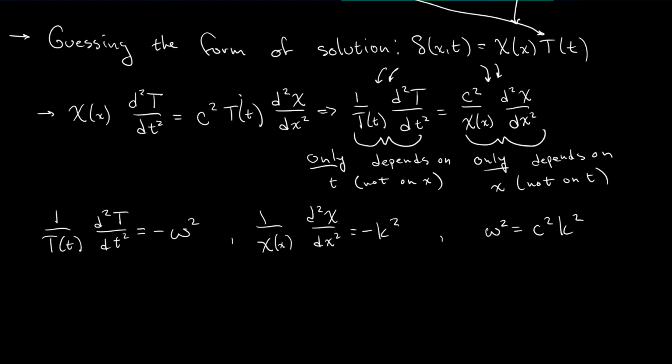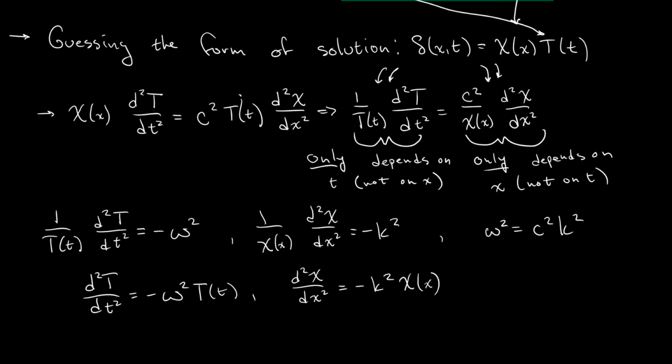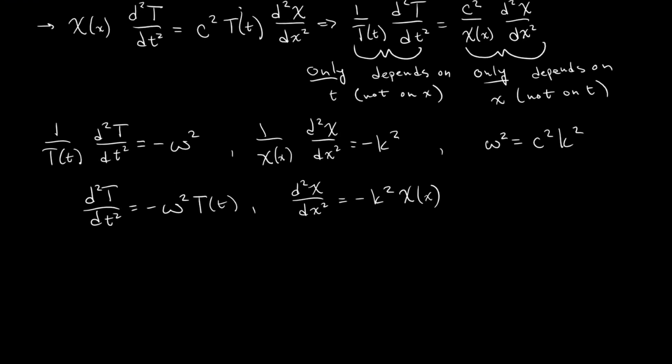But again, just shuffling these around a little bit, I can see that this is d²T/dt² equals minus omega squared T, and d²X/dx² equals minus k squared X. But these are just equations for harmonic oscillators, right? That's our solution that we always have for harmonic oscillators.